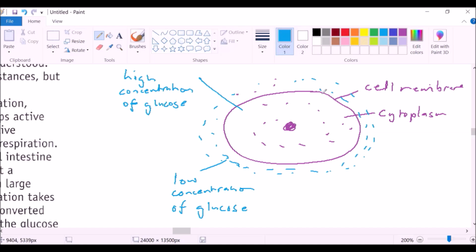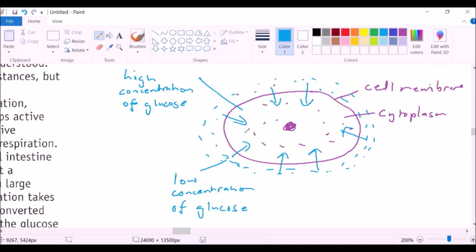The cell membrane is a structure that doesn't only physically allow substances to pass through it, it has much greater control. So it uses the energy generated inside the cell to pull in the glucose it wants inside the cell against the concentration gradient.